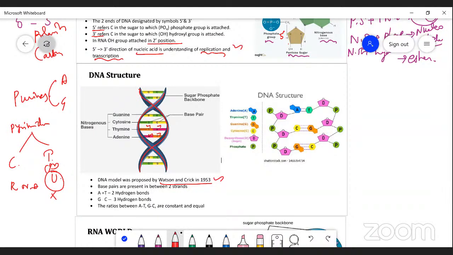Adenine always combines with thymine, that means it is attached to thymine.